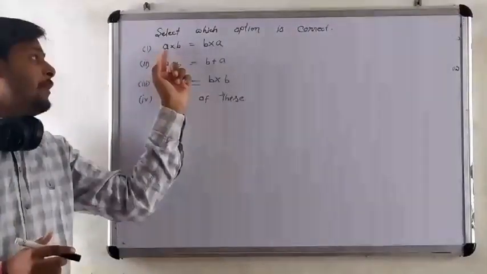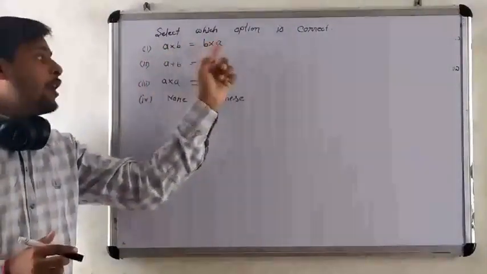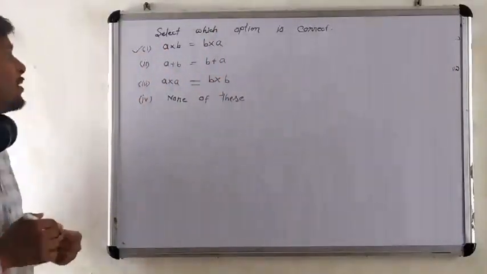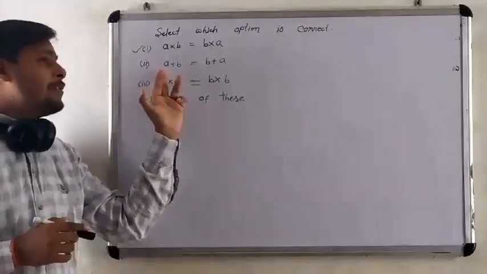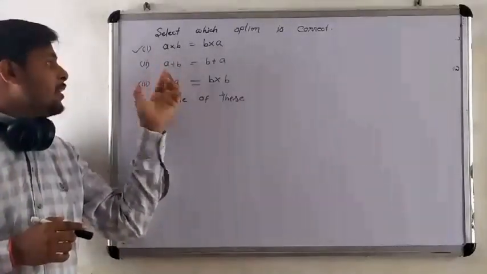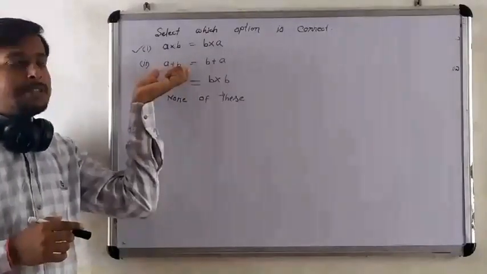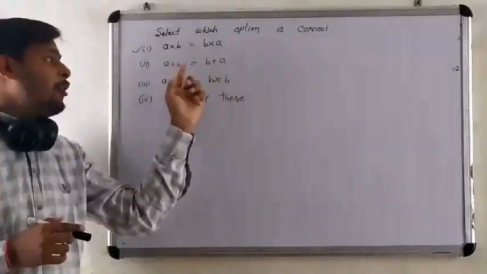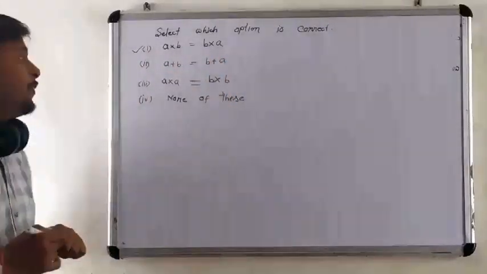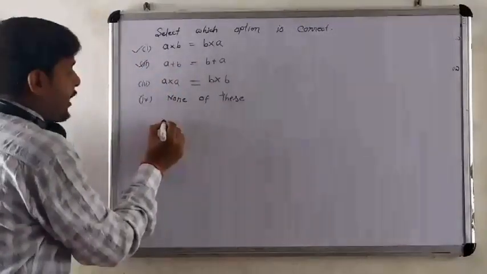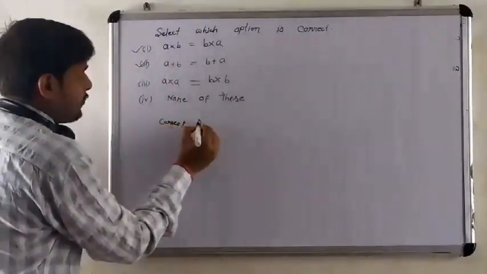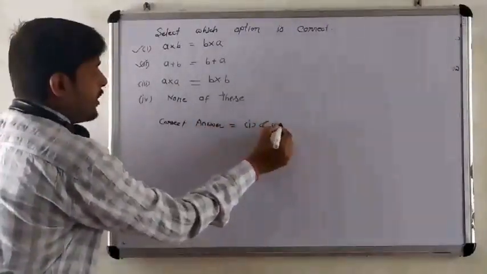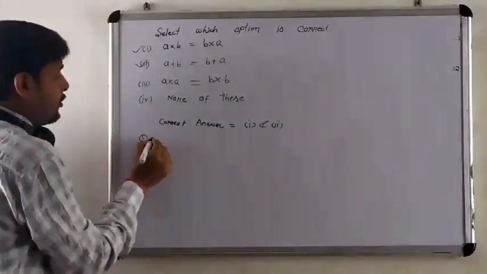So either you can multiply b to a or a to b, the result is same, means this option is correct. And we can also study the addition of two integers, a to b or b to a is also commutative, means this option is correct. So correct answer is first and second.